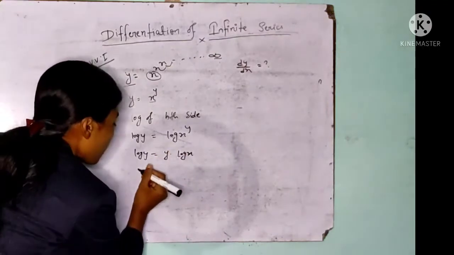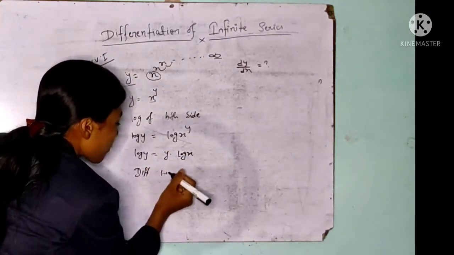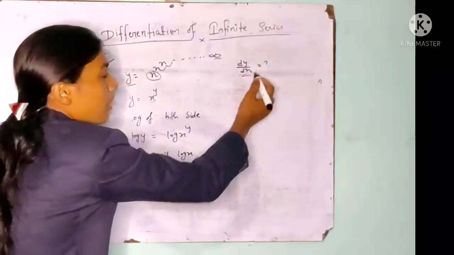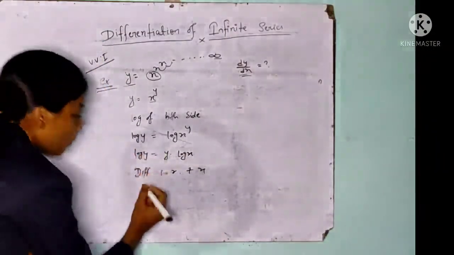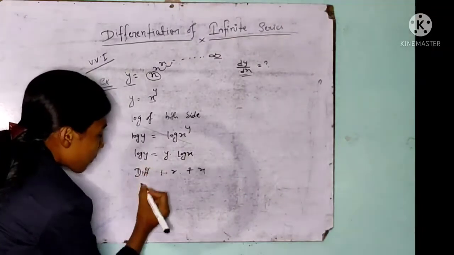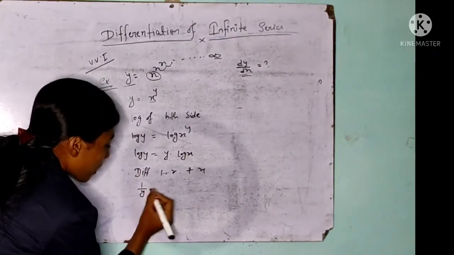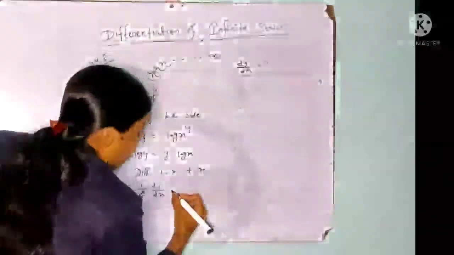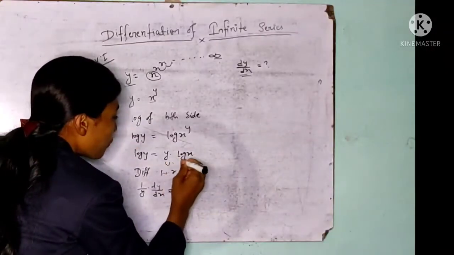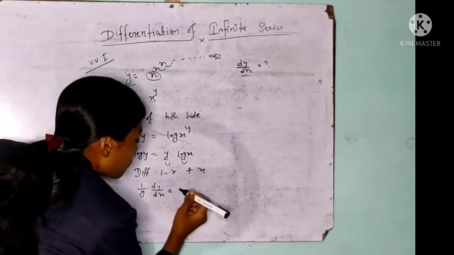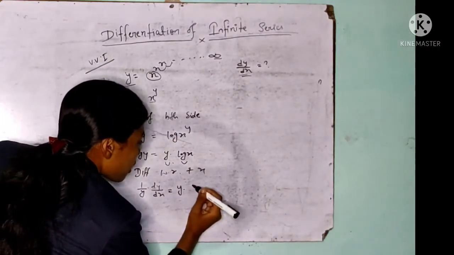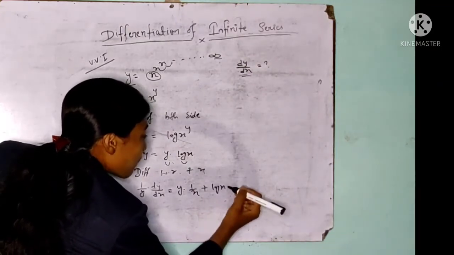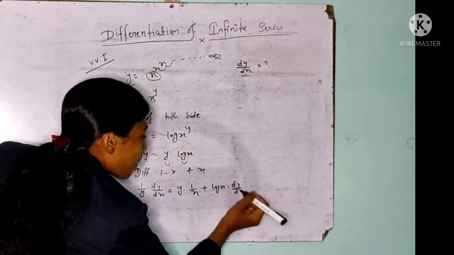Now differentiate with respect to x, because we need to find dy by dx. Directly applying differentiation: 1 by y into dy by dx is equal to, now we get the u into v form. U as it is, so y as it is, into 1 by x, plus log x as it is into dy by dx.